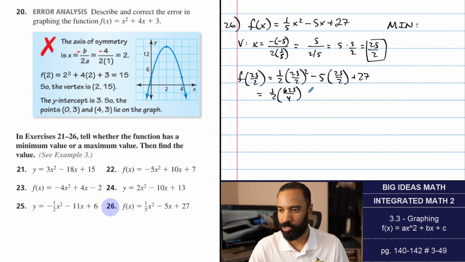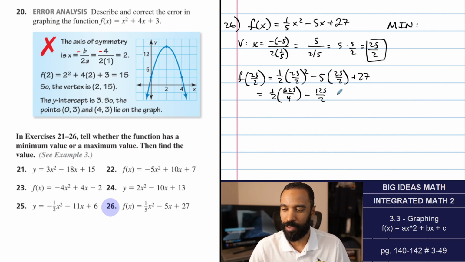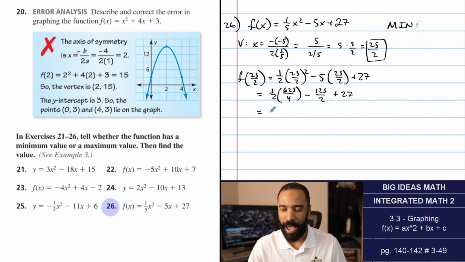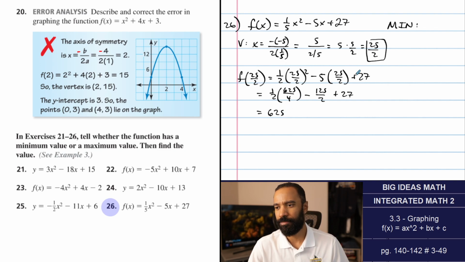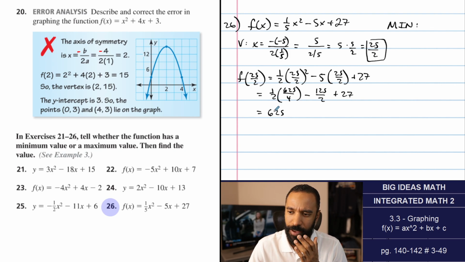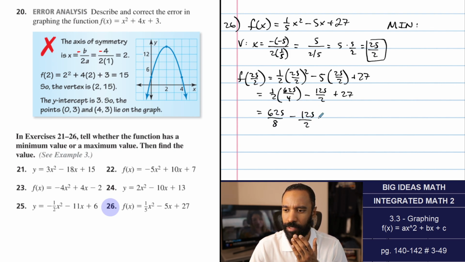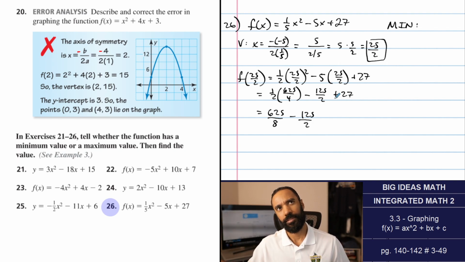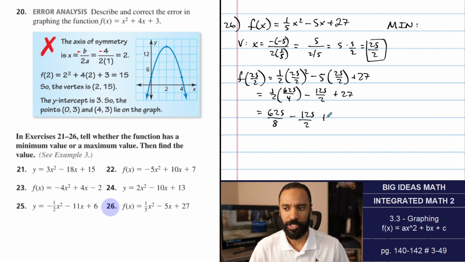That's 25 squared, and that's 2 squared. 5 times 25 is 125, so minus 125 halves plus 27. So check this out, right? I have 625. Does that look right? 625 over 8 minus 125 halves.